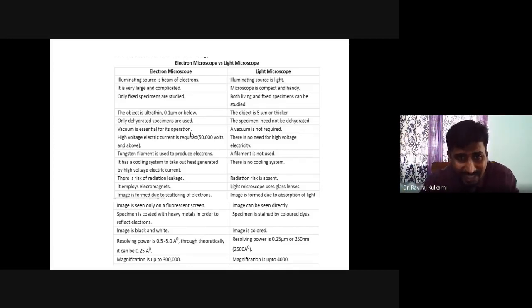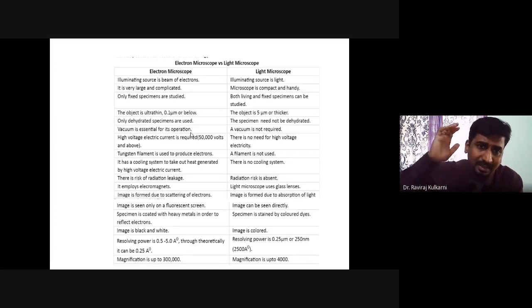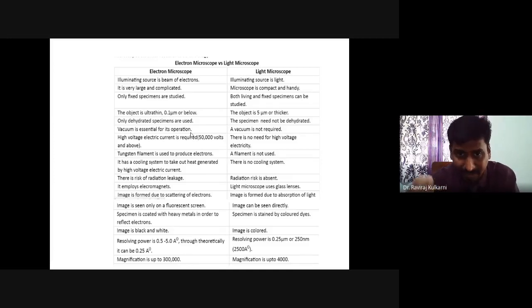There should not be any interaction or collision with matter, the atoms present in the environment: oxygen, nitrogen, all the gases. They will absorb electrons, and they are much bigger than the electrons, so we have to remove them. So we require the highest possible vacuum, whereas vacuum is not required for a light microscope.